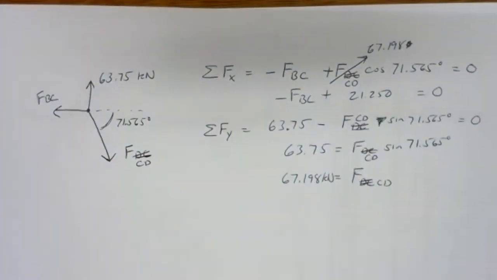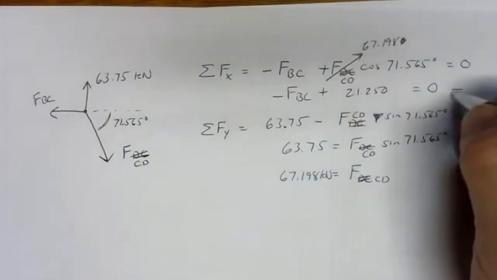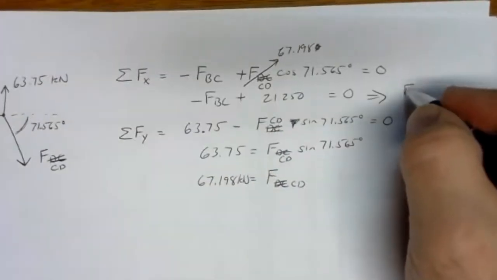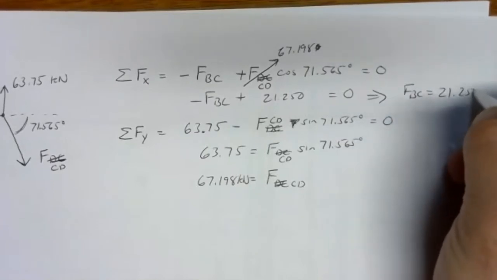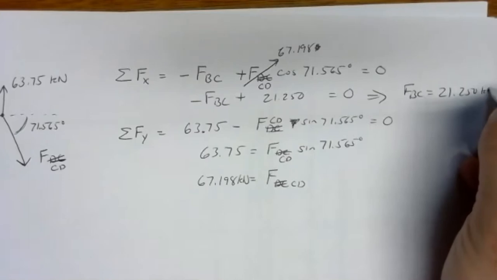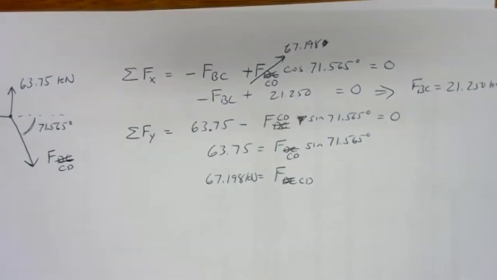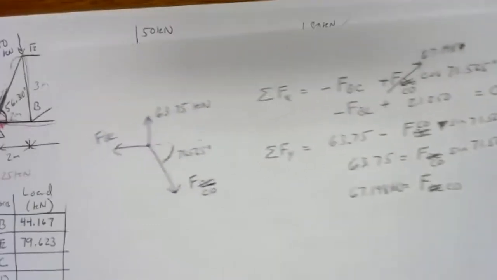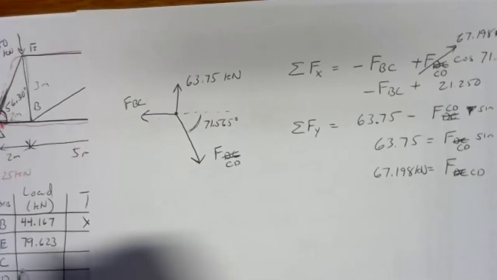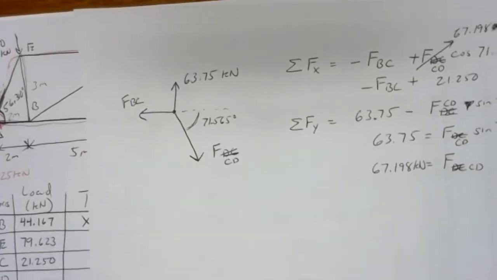Make sure you don't get tripped up in your negatives. If you add FBC to both sides, you'll get FBC equals 21.250 kilonewtons. So it also came out positive, so we know we got the direction right. So let's run those numbers over here into our table. Member BC carries a load of 21.250 kilonewtons.